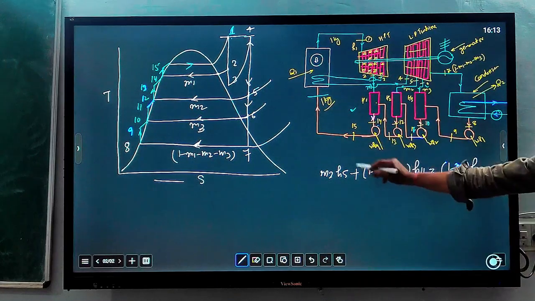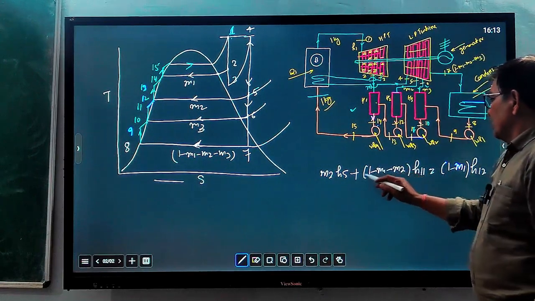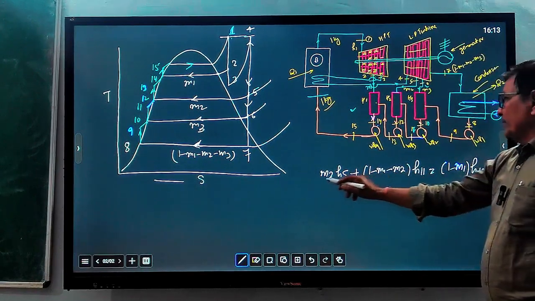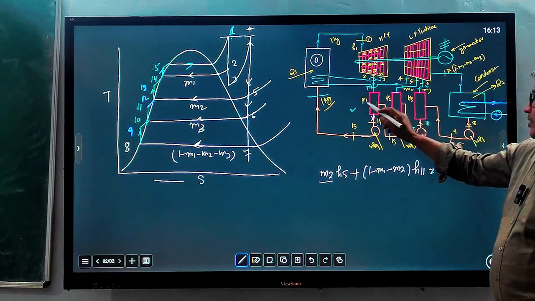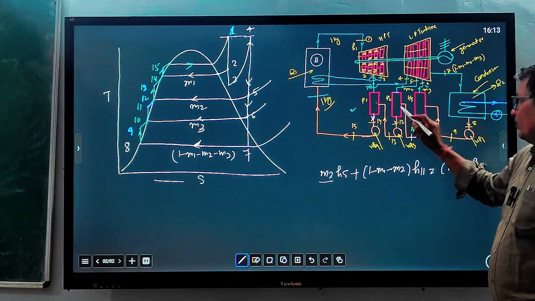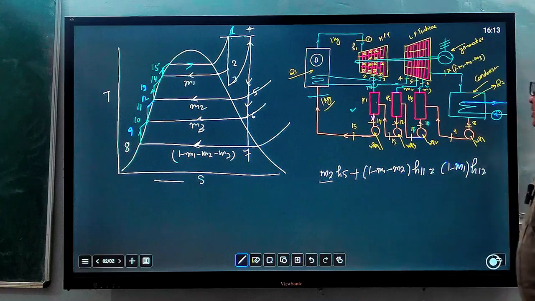Already we have calculated M1. So if you put the value of M1, everything is known and you can find M2.